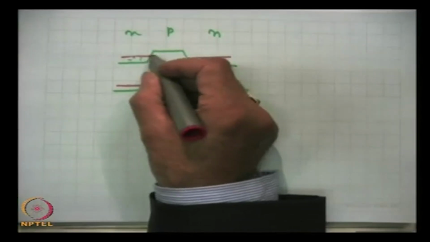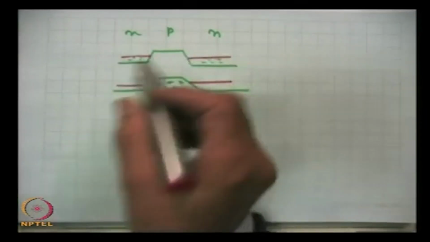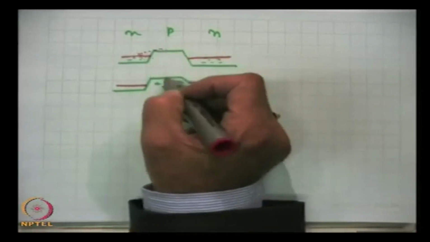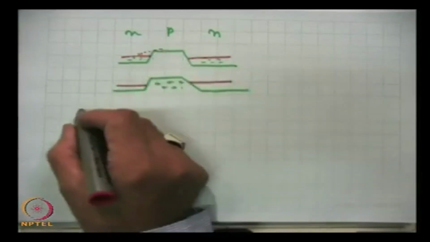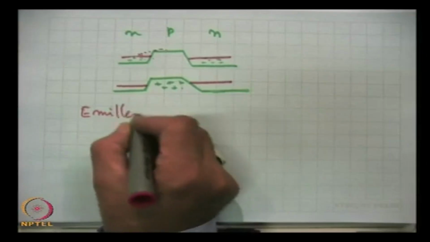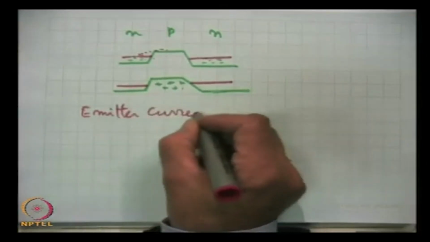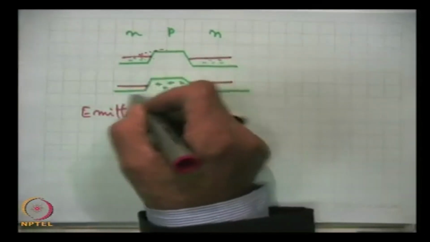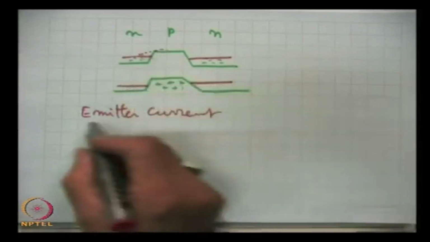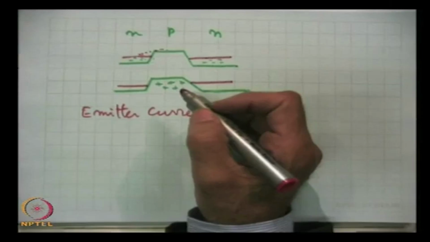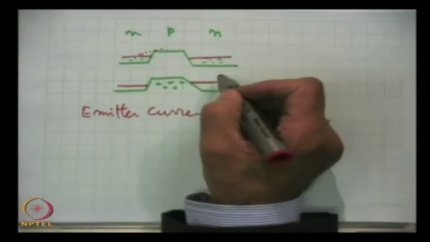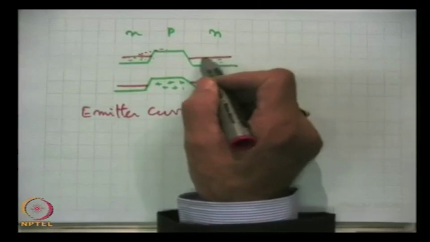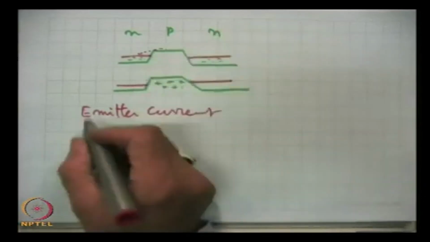This is the reduced potential, and hence these electrons from the n side will constitute what we call emitter current, and similarly the electrons, and of course a small number of holes, will also diffuse towards the emitter. So, that will be part of the emitter current. They will also diffuse towards the collector, but the major contribution of collector current will be from the electrons. So, that will constitute the whole current.